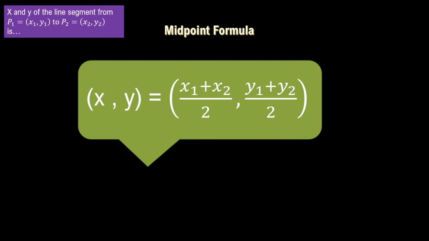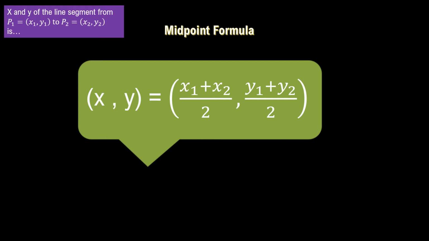Inside the parentheses of the formula, x1 plus x2 divided by 2 will give us our x value, and y1 plus y2 divided by 2 will give us our y value. And once we obtain these 2 points, we will plot them on the graph, and it is here at this point we shall be at the midpoint of the line segment.